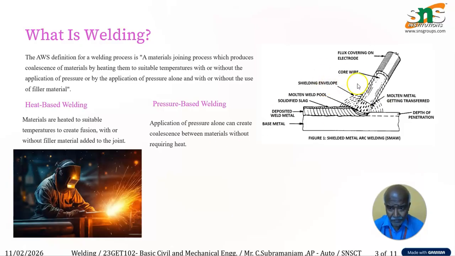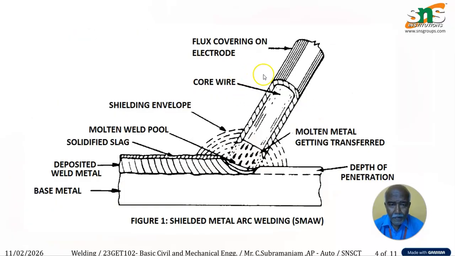And here you see the picture of the welding process. In this picture we can clearly see a welding rod which is coated with flux, and this is a core wire, and this is a part of the material, the base metal, which has to be welded.